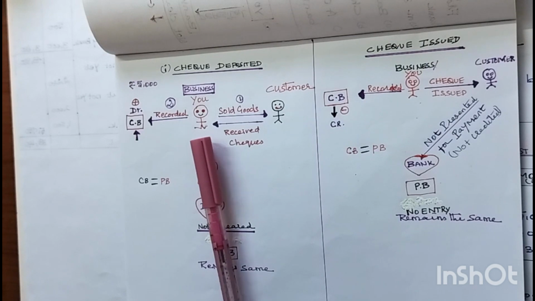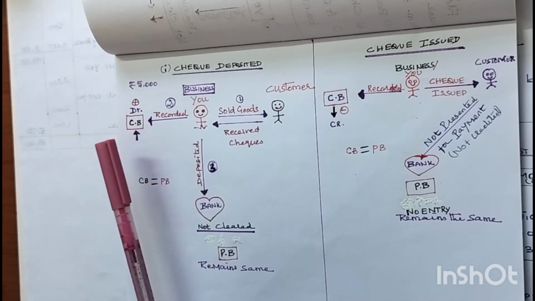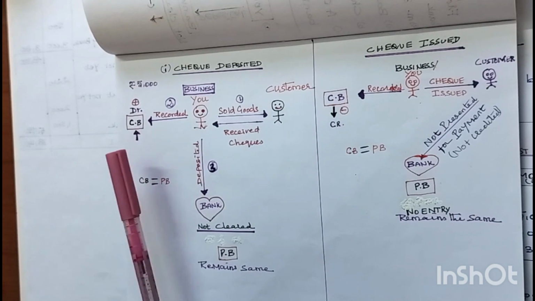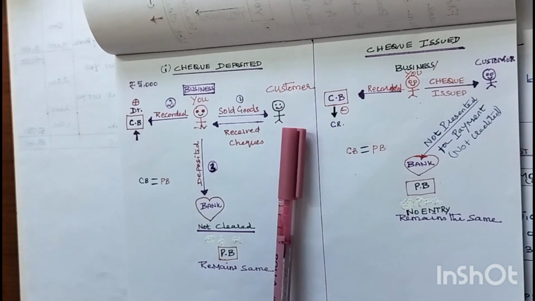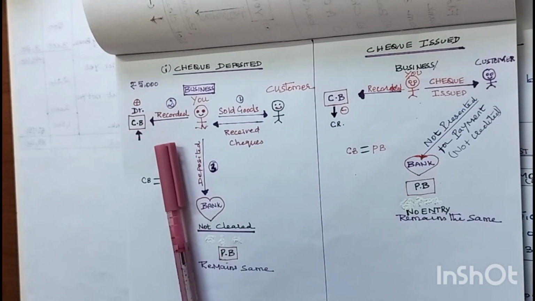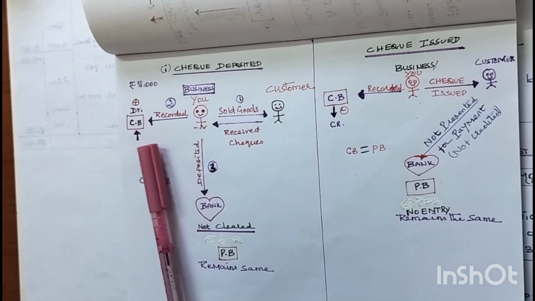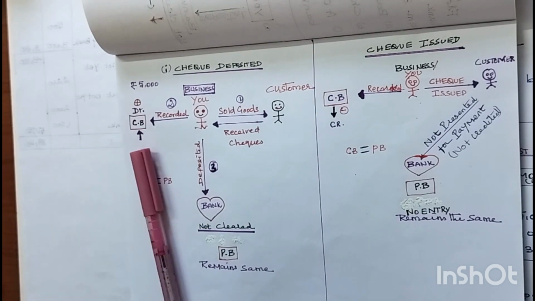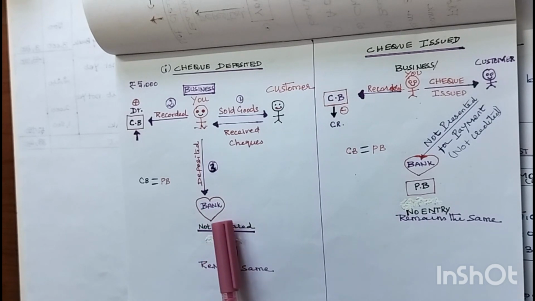After receiving the check, your business accountant immediately records it in your cash book, which means whenever you receive a check from your customer, your cash book is increased, 5,000 rupees immediately added in your cash book, right? Then only you will deposit that check into the bank.